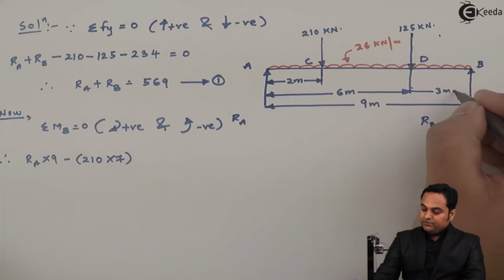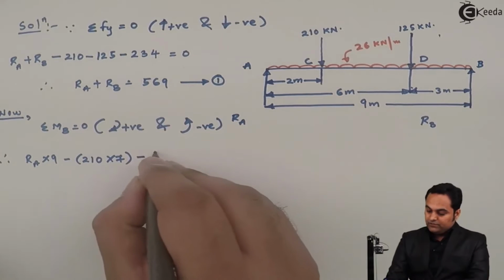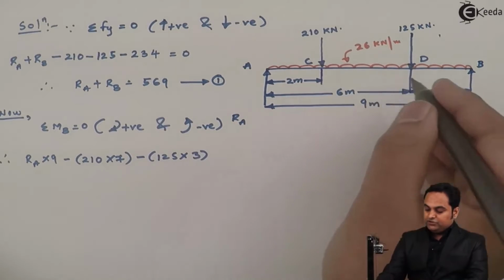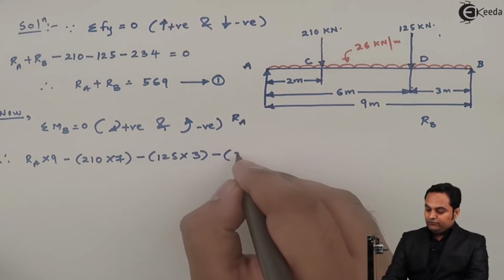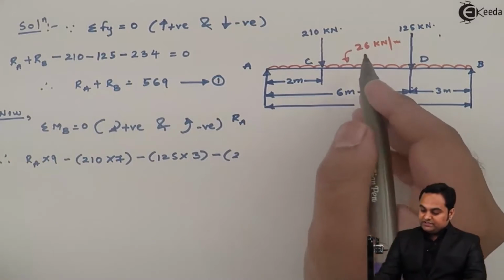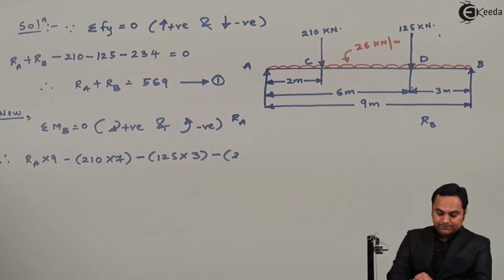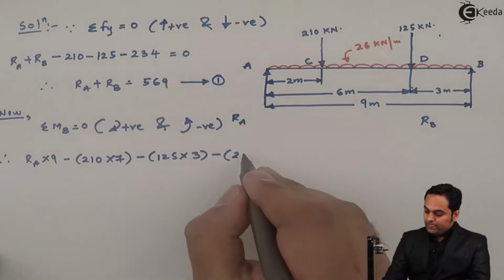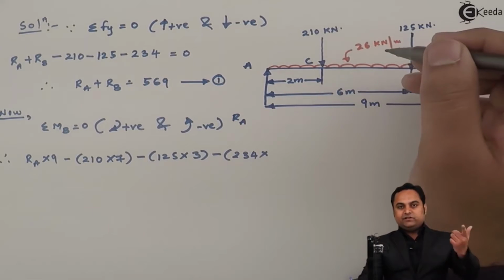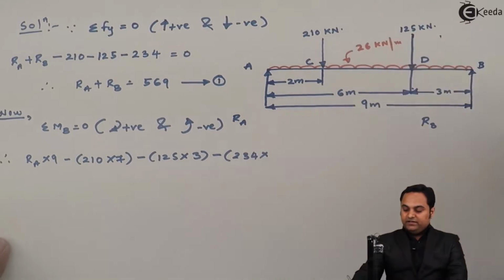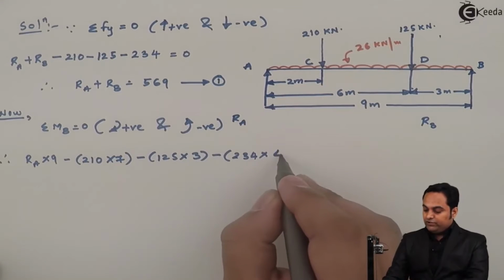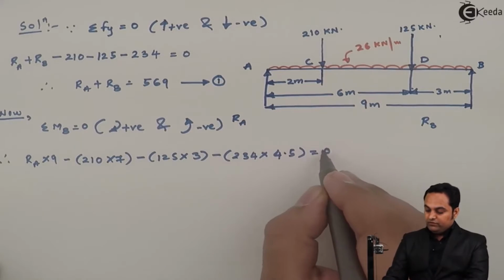Next, minus 125 into 3, the remaining distance being 3 meter. And for the UDL, 26 into 9 came out to be 234. So minus 234 into 4.5, since the UDL acts, when converted into a point load, at exactly half of the beam, that is 4.5, is equal to 0.